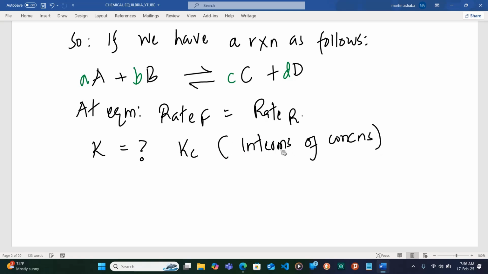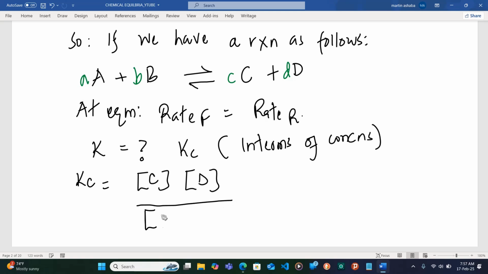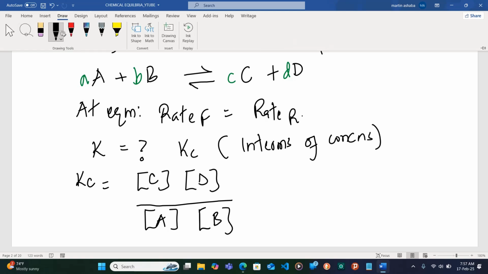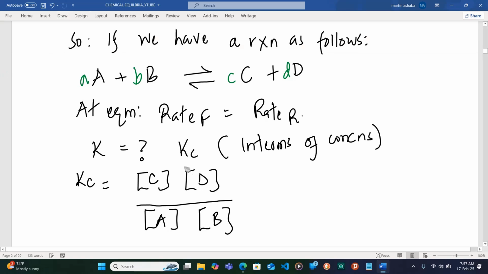We said it is always going to be concentration of products divided by concentration of reactants. So this is going to be the concentration of C times the concentration of D divided by the concentration of A, which are the reactants, times the concentration of B, and then we raise these to their stoichiometric factors.